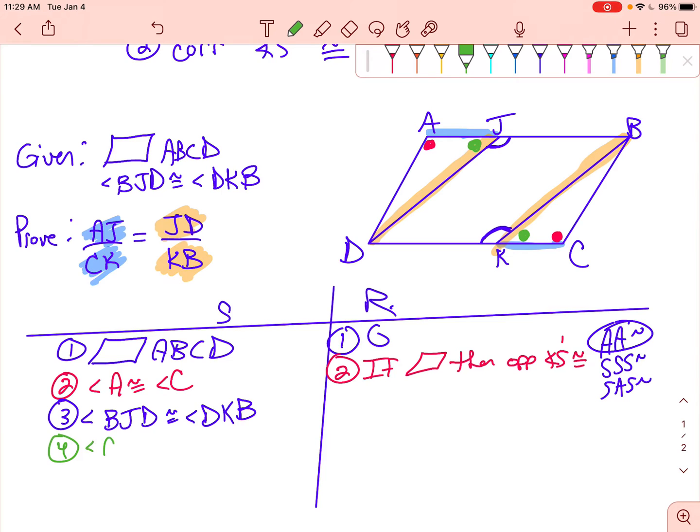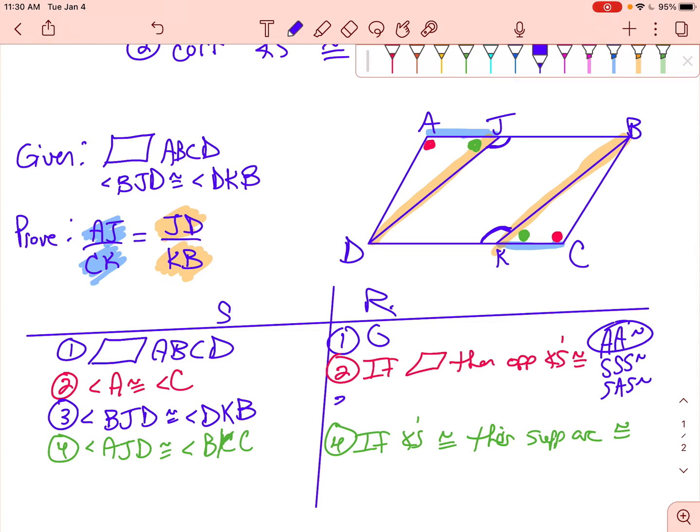So I'm going to say angle AJD has to be congruent to angle BKC, and the reason would be if angles are congruent, their supplements are congruent. I forgot to put my reason 3 was given.